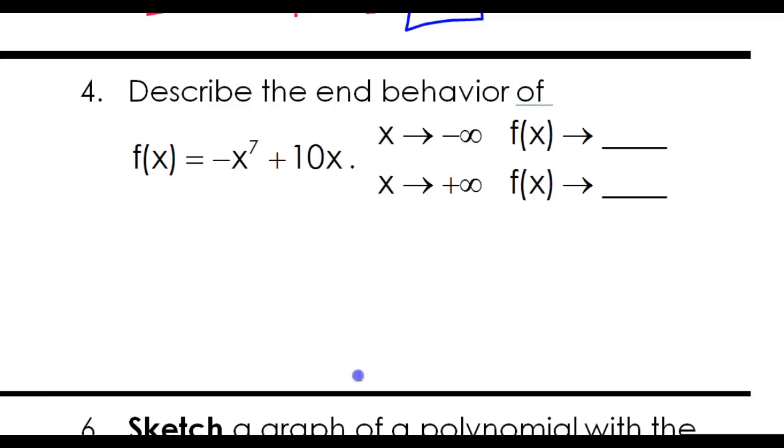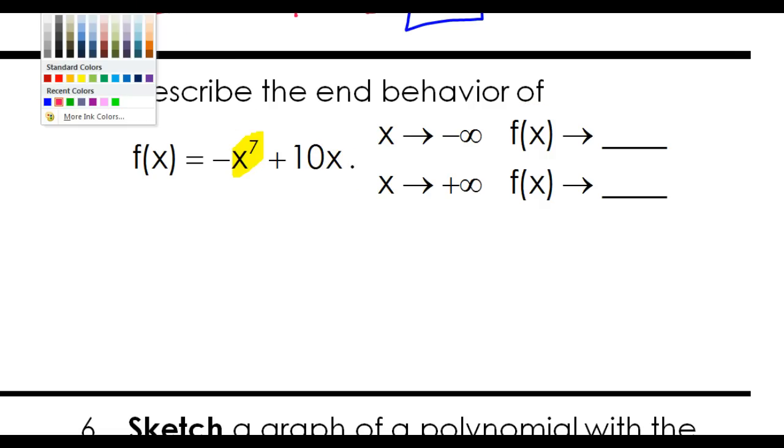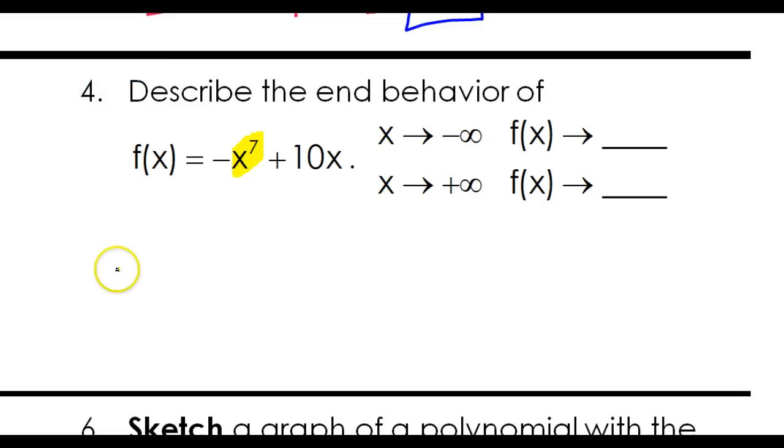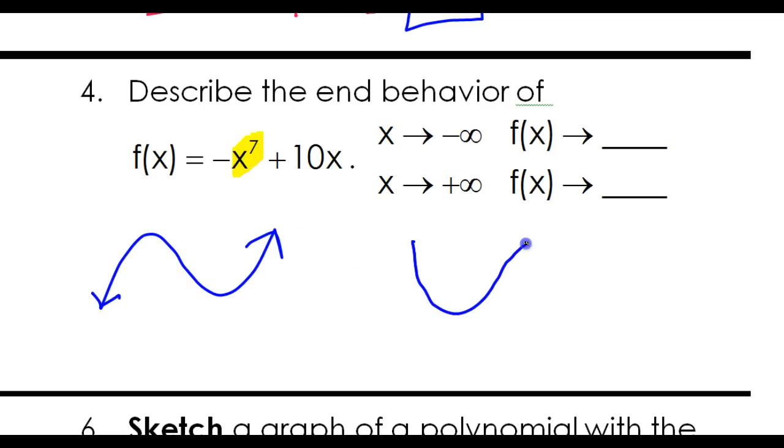So when they give me a polynomial like this, what I'm looking at is the degree, in this case 7. And I'm looking at the leading coefficient and seeing that minus sign. The 10x really doesn't have anything to do with the end behavior. So as soon as I see that it's odd, I know it's going to be either a right side up N shape in terms of end behavior, or an upside down N shape.